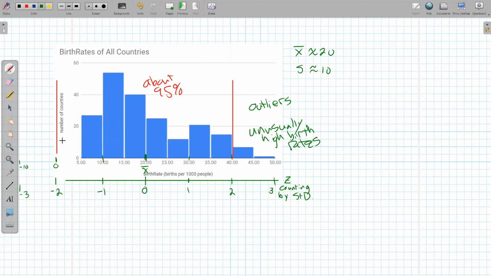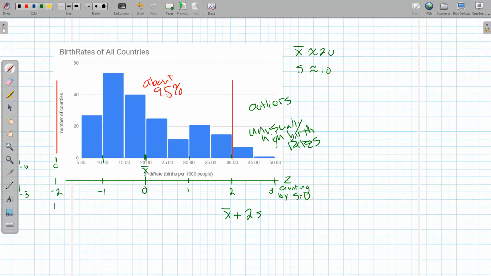So let's just double check that 95% by looking at the data. Now, in order to get this number here, which I'm saying is about 40, 2 standard deviations to the right, I'm taking my mean and adding to that 2 standard deviations. I'm going to make that calculation in the spreadsheet to confirm it's 40. Now I'm just guessing it's 40 by my approximations there.